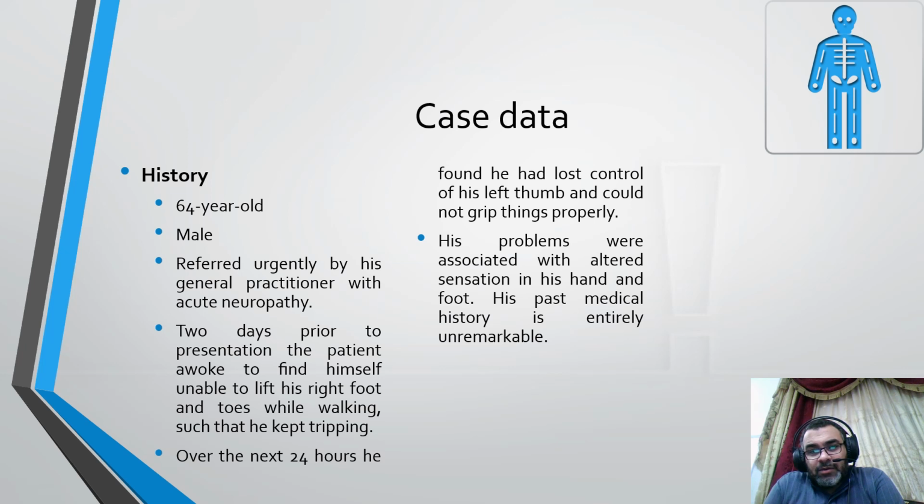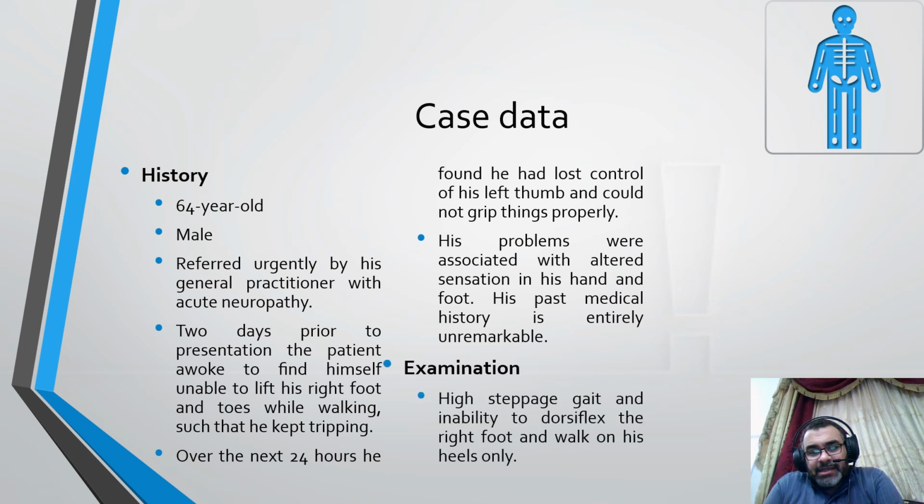His problems were associated with altered sensation in his hand and foot. His past medical history is entirely unremarkable. By examination, he had high steppage gait and inability to dorsiflex the right foot and walk on his heels only.